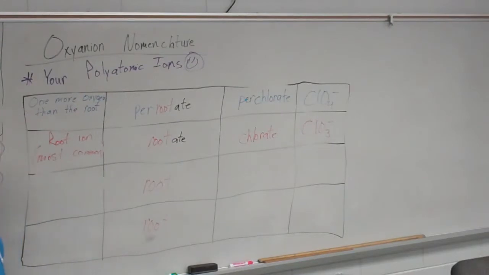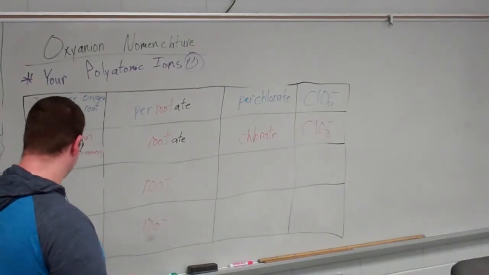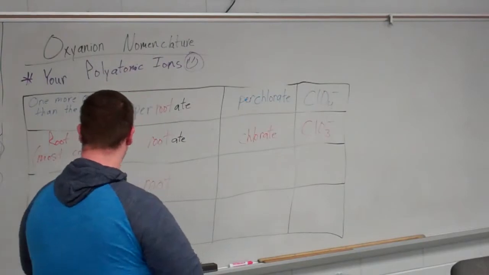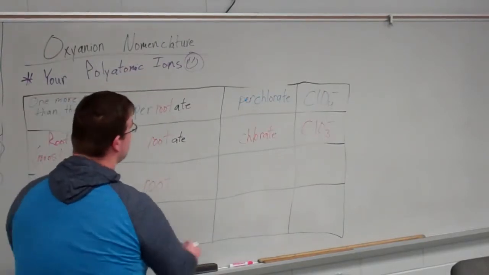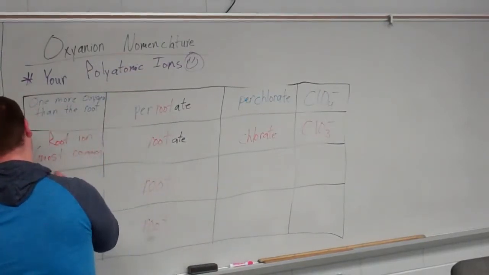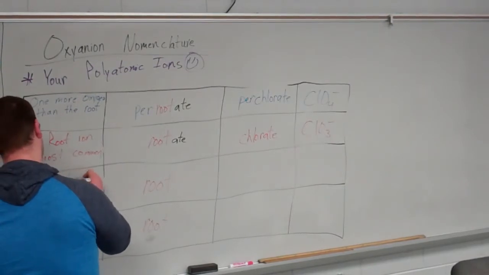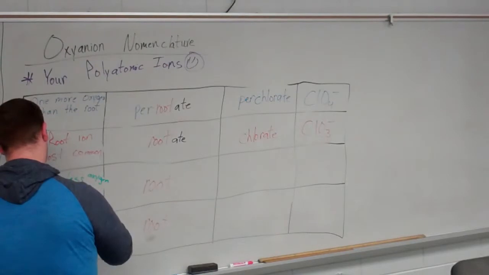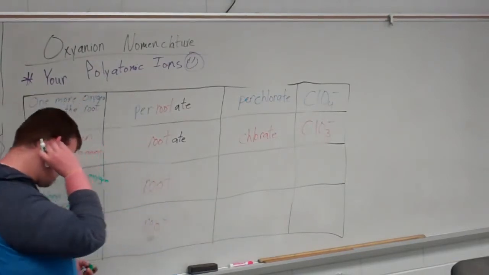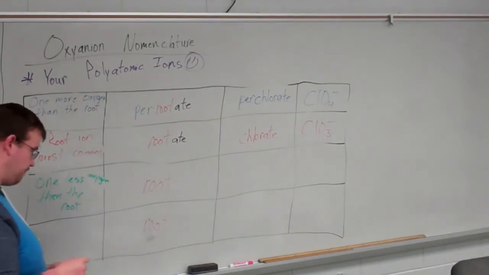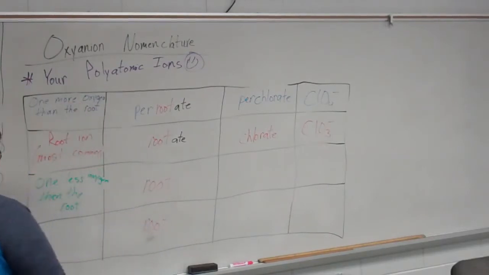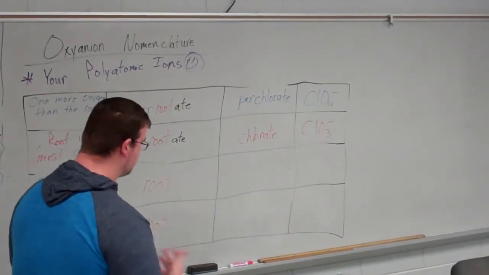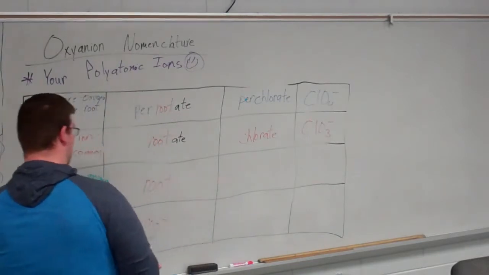Now things get a little bit different. Let's say we start taking some oxygens away. Let's say you have one less oxygen than the root. Now here's where things are going to change for you. The ending on this is going to change as well.